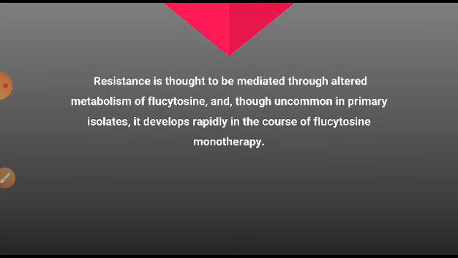Resistance is thought to be mediated through altered metabolism of flucytosine, and though uncommon in primary isolates, it develops rapidly in the course of flucytosine monotherapy. So it decreases fungal cell membrane permeability, and when the level of fungal cytosine deaminase decreases, in both cases resistance develops.